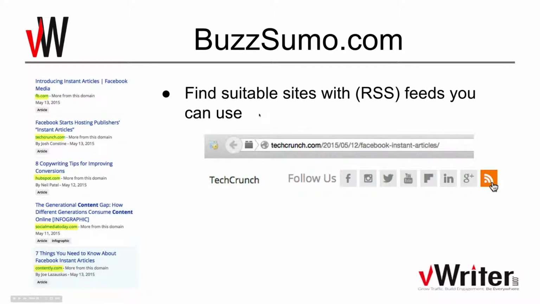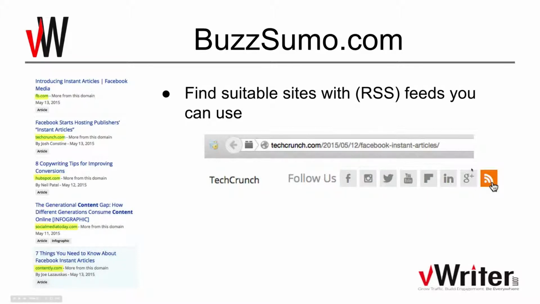So what you can do is either look at the source code of the website and just do a search for RSS, and you might well find a feed. Or within vWriter, when you enter a source, you can just copy and paste the website URL, and it will try to identify a feed there for you, and it will tell you if it can't find one, or if it can find one, it will retrieve it for you.